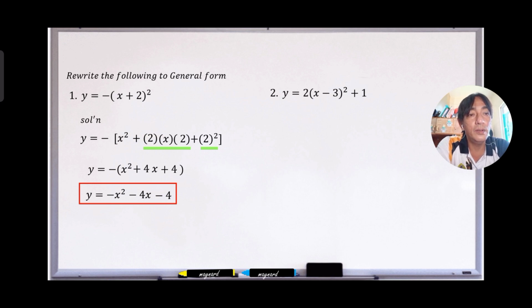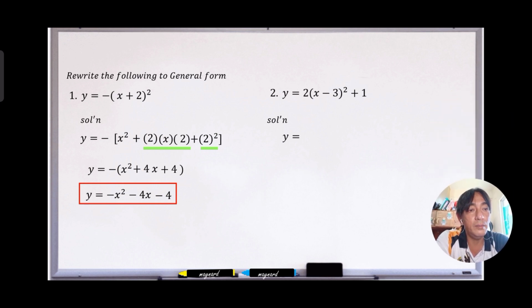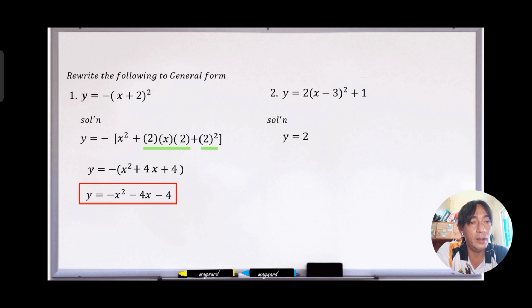Okay, so solution. Okay, kunin muna natin yung product ng ating square of binomial. Sulat mo muna yung 2. So, quantity of x squared, square of the first term, minus twice the first term and the last term, plus square of the last term.